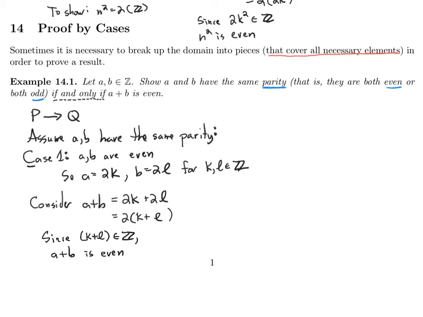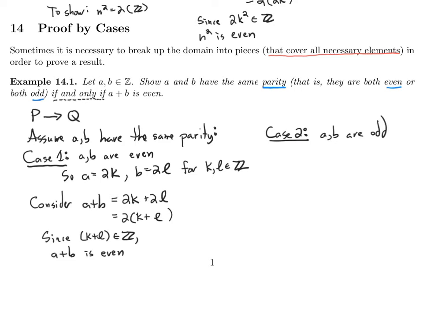Let's do the second case, case 2, same idea, is that A and B are odd. And these two cases cover all possibilities where the if part is satisfied. Either they're both even or they're both odd. We're not missing out any cases. That's very important.